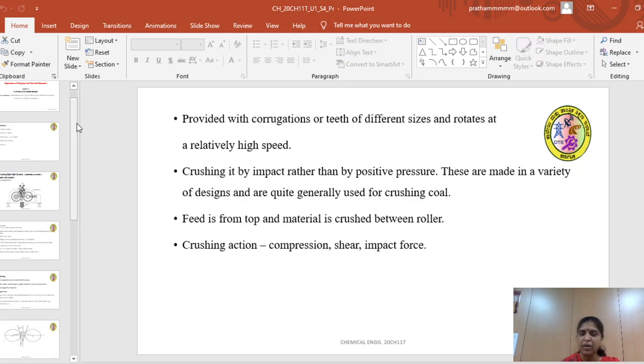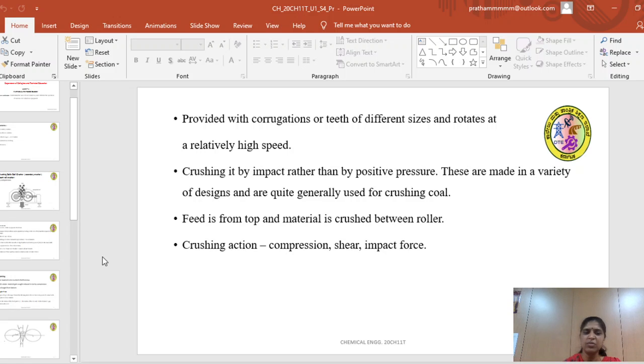If it is asked for 10 marks, you need to write both diagrams, the tooth roll crusher and the smooth roll crusher, with the explanation part of it. I hope you have understood this session.